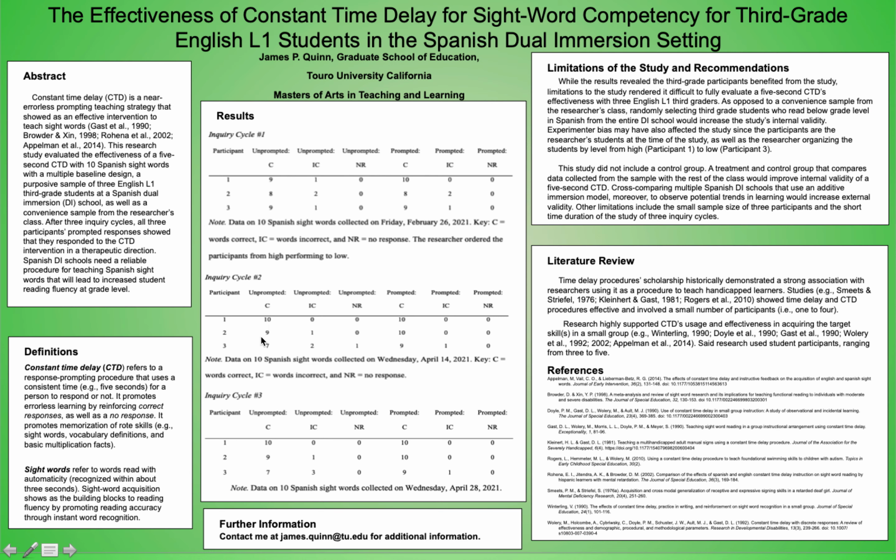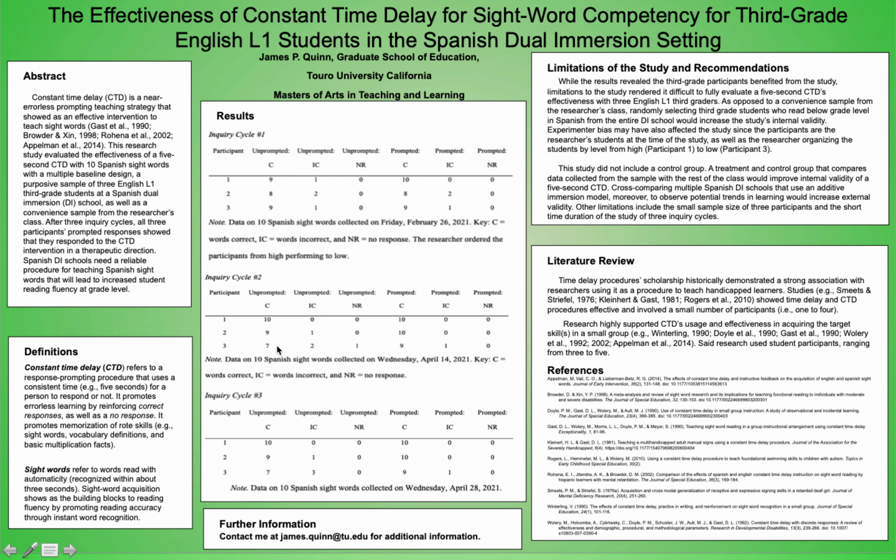And then for participant 2 it is really interesting to see that his results for prompted was a 10 after getting repeated exposures, and he didn't ever choose the no response option. However, participant 3, she actually decreased, which was a surprise.